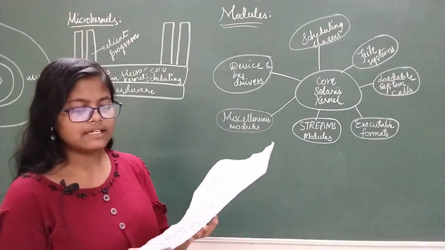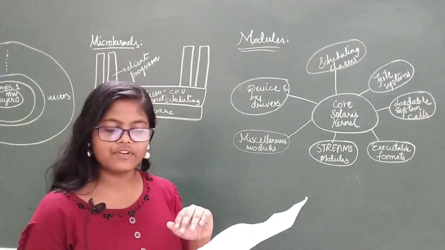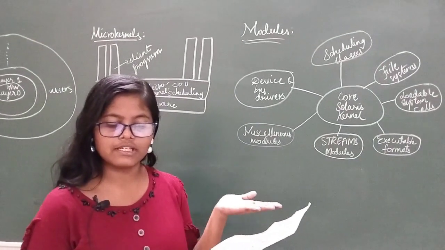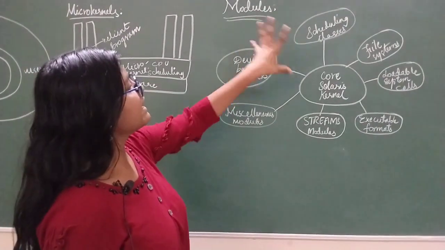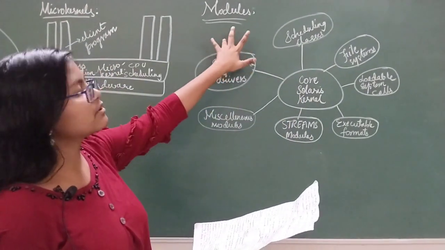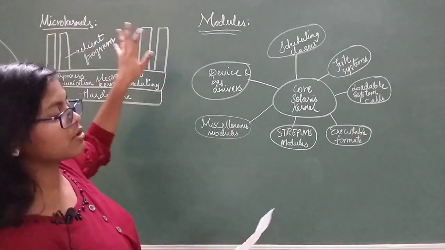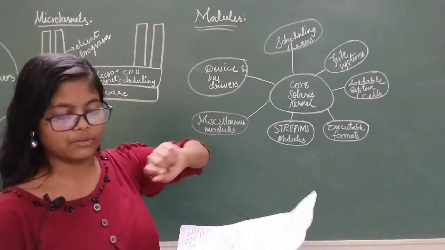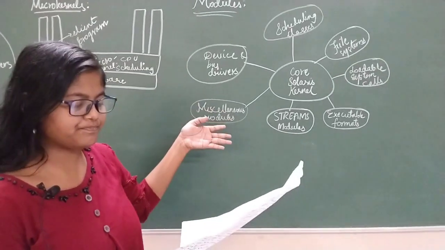Each kernel section is defined by protected interfaces, but it is more flexible than a layered system, because any module can call any other module. As I told, it is a combo of layered structure and microkernel. This modular service is also more flexible than the layered system.